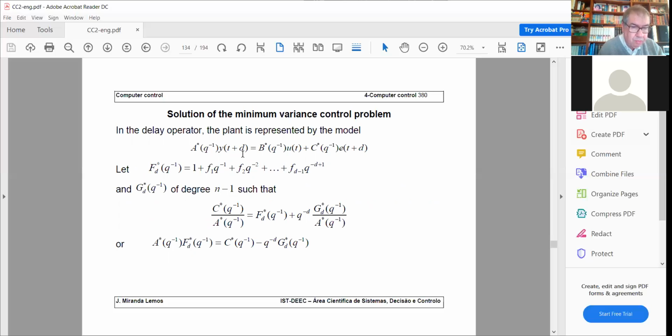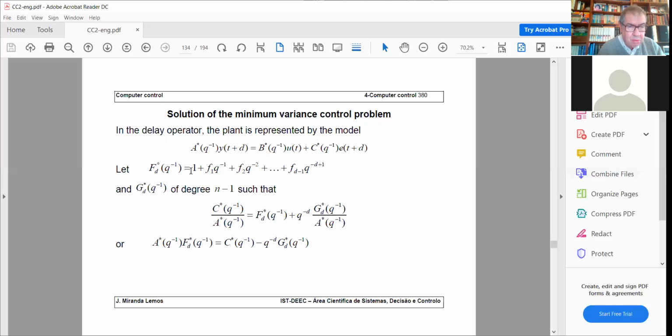So what shall I do? Remember the magic formula of the division of polynomials, C divided by A. This was associated to prediction. We saw it yesterday. So I do this division, up to degree d minus 1. So my quotient, F_d, has degree d minus 1.